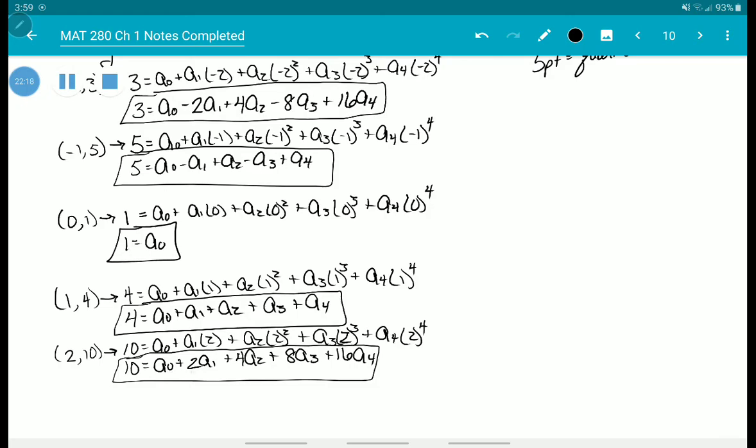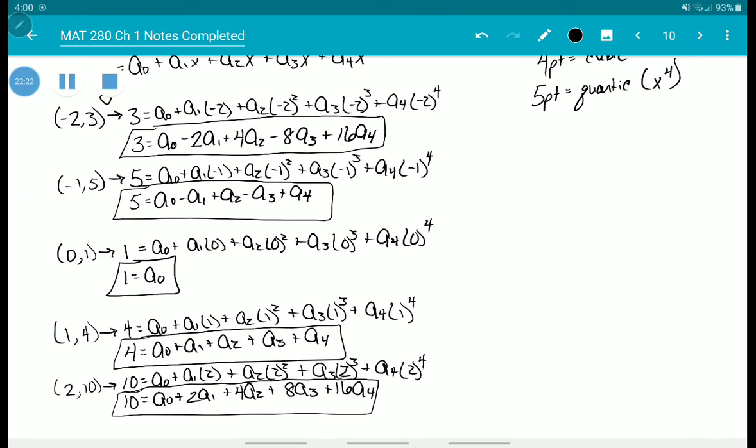So notice we have 1, 2, 3, 4, 5 variables. That means we have to have 5 equations in order to come up with a solution. And we do. We have 1, 2, 3, 4, 5 equations.